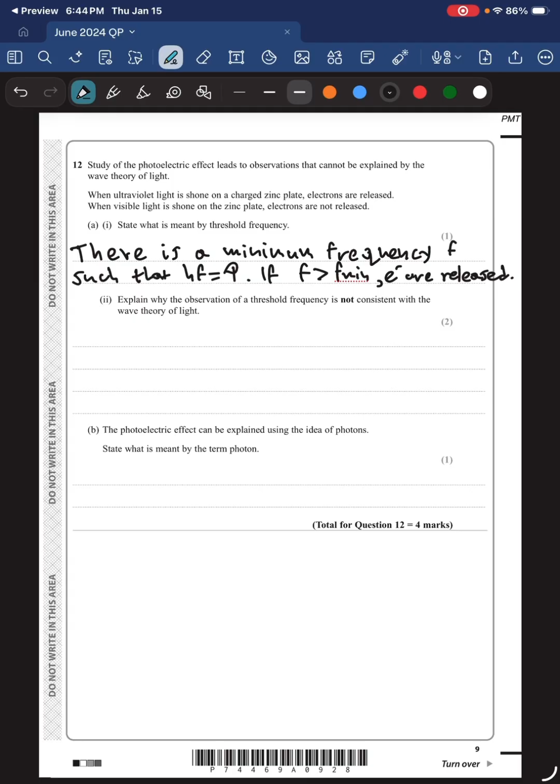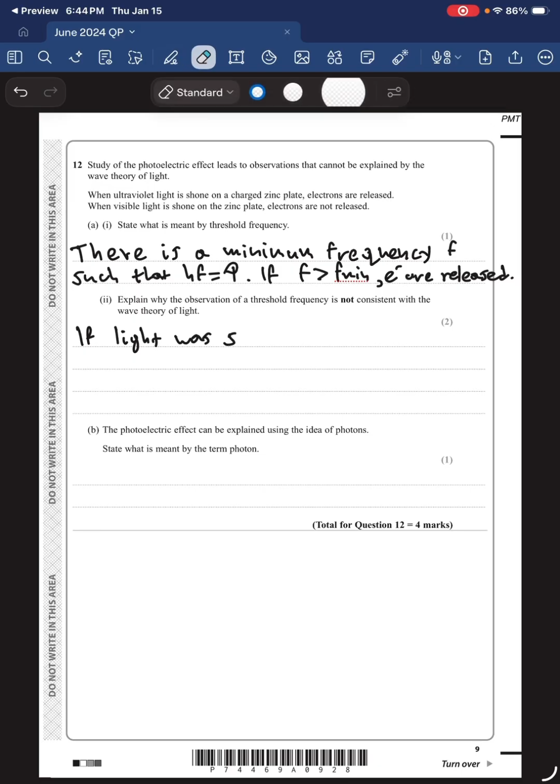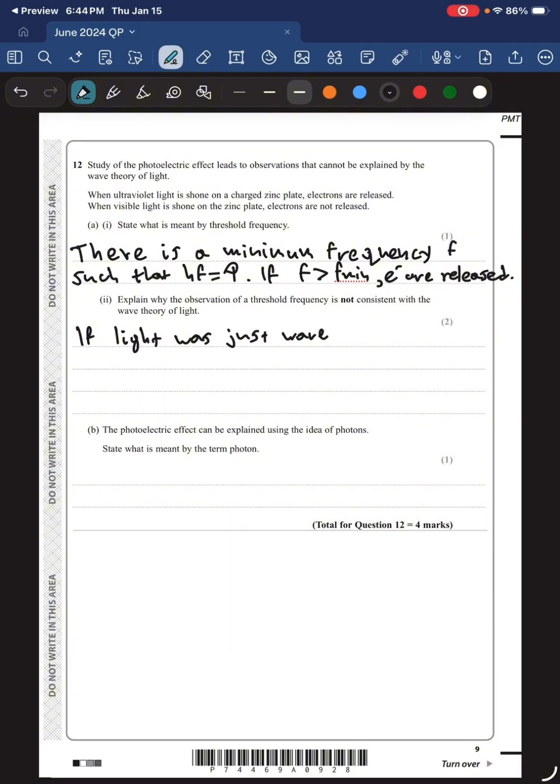All right, part 2. Explain why the observation of a threshold frequency is not consistent with the wave theory of light. So if light was just a wave, okay?